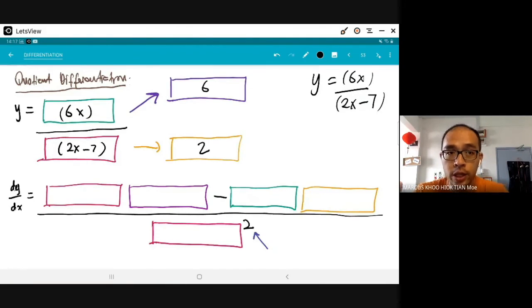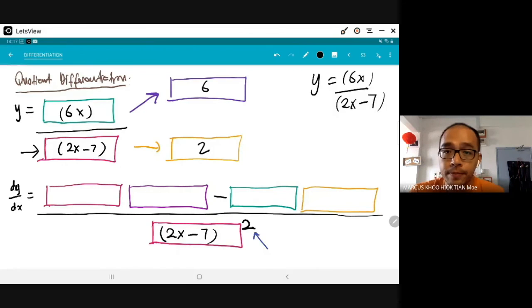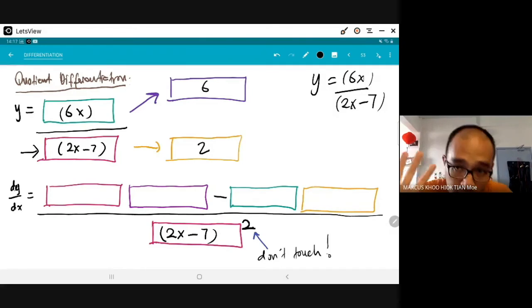How do we write the quotient differentiation dy dx? The first thing you do is the bottom one you write at the bottom again, but you square it. Okay, once you have squared the bottom, don't touch this anymore. Just leave it there. Let it be squared, forever and ever squared.